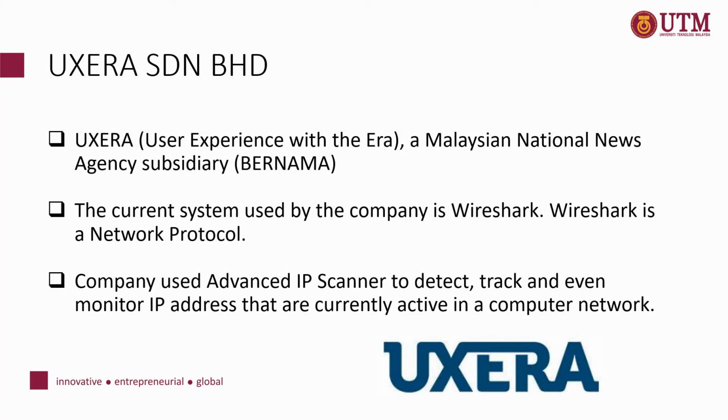The current system used by the company is Wireshark. Wireshark is a network protocol analyzer. The program can record all passing packets as well as select and display the data in as much detail as possible. After that, the company uses Advanced IP Scanner to detect, track, and even monitor the IP addresses that are currently active on a computer network.